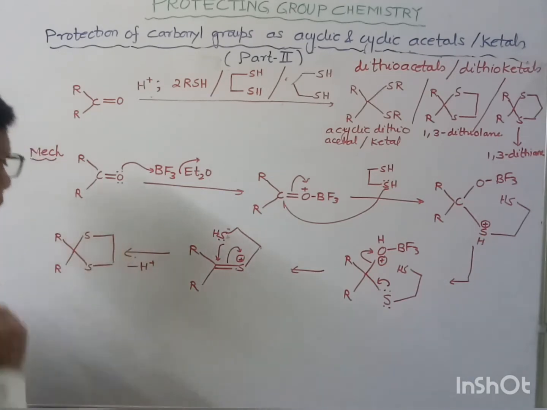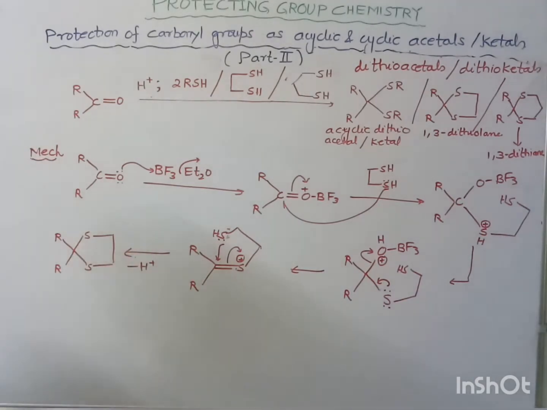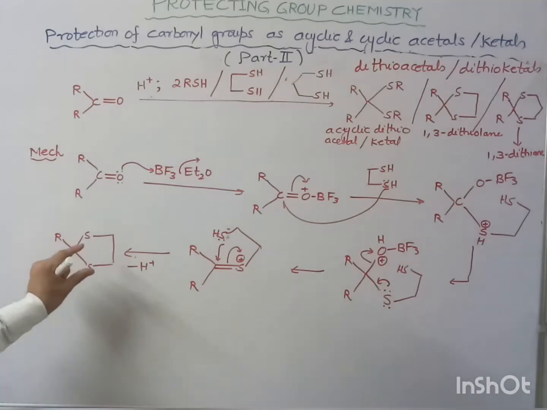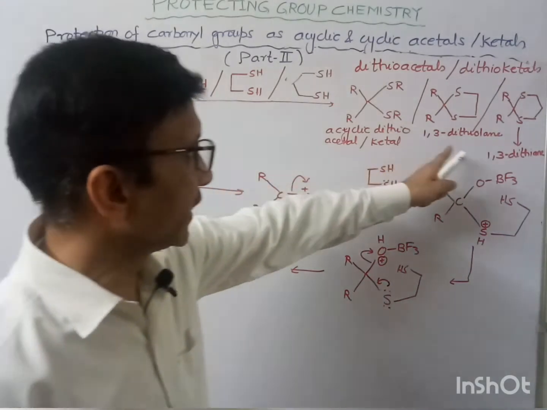This is a 5-membered cyclic dithioacetal, the 1,3-dithiolane.